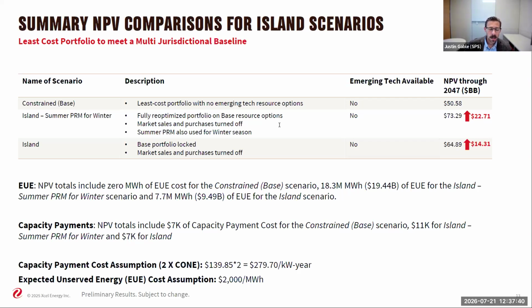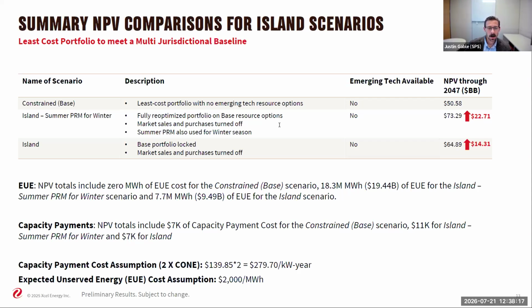The scenario where we are removing the winter PRM and replacing it with the summer PRM requirement, but maintaining the ELCCs, is actually resulting in a much higher delta on the net present value of almost $23 billion. Now, most of that is being driven by expected unserved energy. You can look down here at the bottom of the graphics and see that the EUE in our islanded summer scenario is driving about 18.3 million megawatt hours through the 20-year planning horizon.